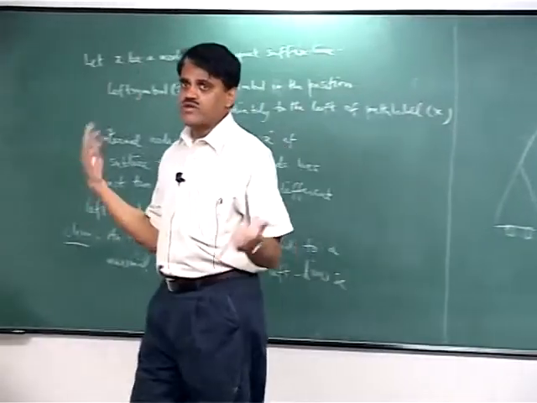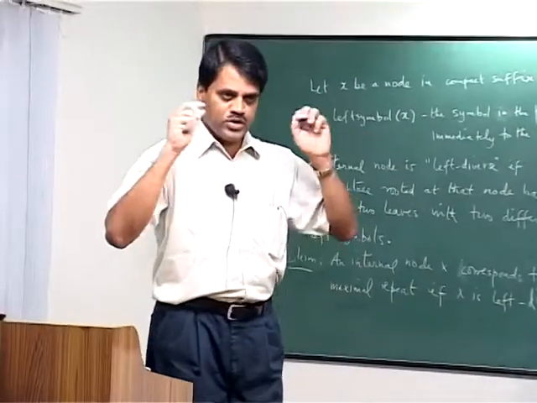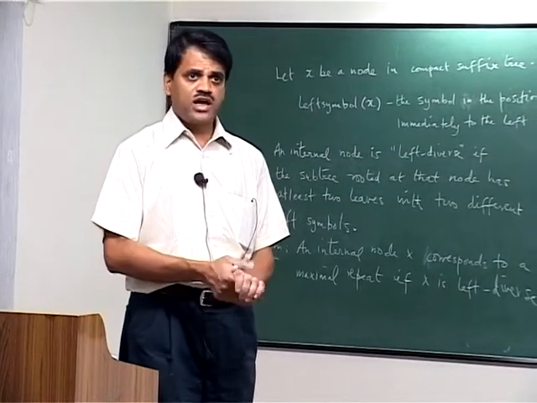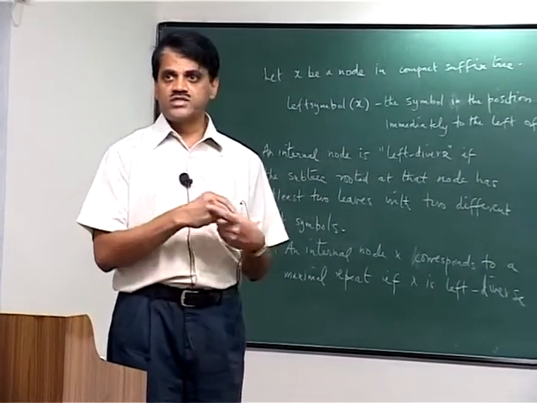So, now algorithmically how do you compute this? I have computed this compact suffix tree, and how do I check whether a node is left diverse?